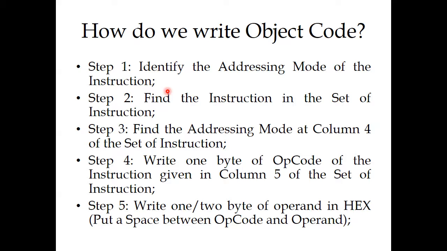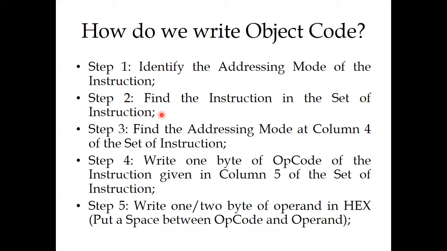At this point we know four addressing modes: immediate, direct, extended, and inherent. Number 2, we find the instruction from the instruction set. Remember we have an instruction set; we find it from the list of instructions that we have.